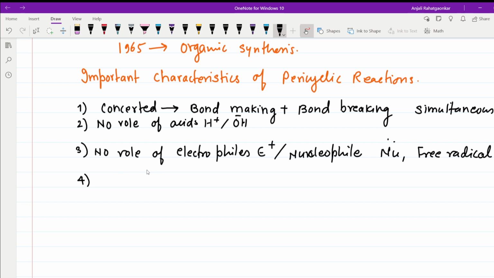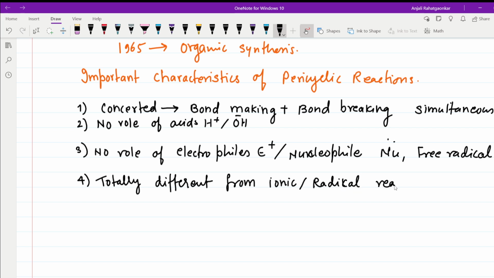That is why the reaction is totally different from the rest of the organic reactions, the ionic reactions and the radical reactions, which proceed via formation of carbanions, carbocations, radicals, etc. So it is totally different from all those reactions.